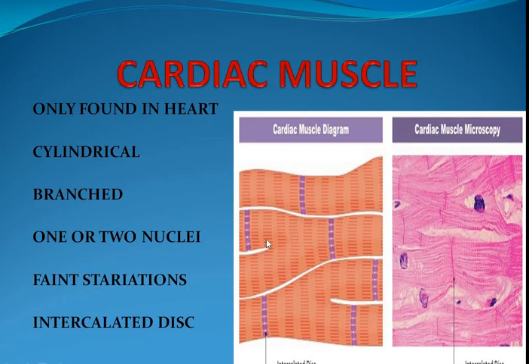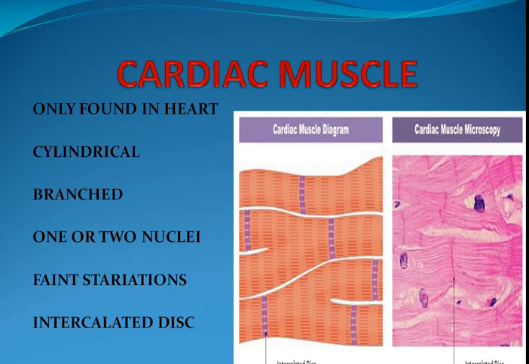You can see the branches of the cardiac muscle. They have one or two nuclei, not more than that. The striated muscles are multinucleated. The unstriated muscles are uninucleated, but the cardiac muscles may have one or two nuclei.